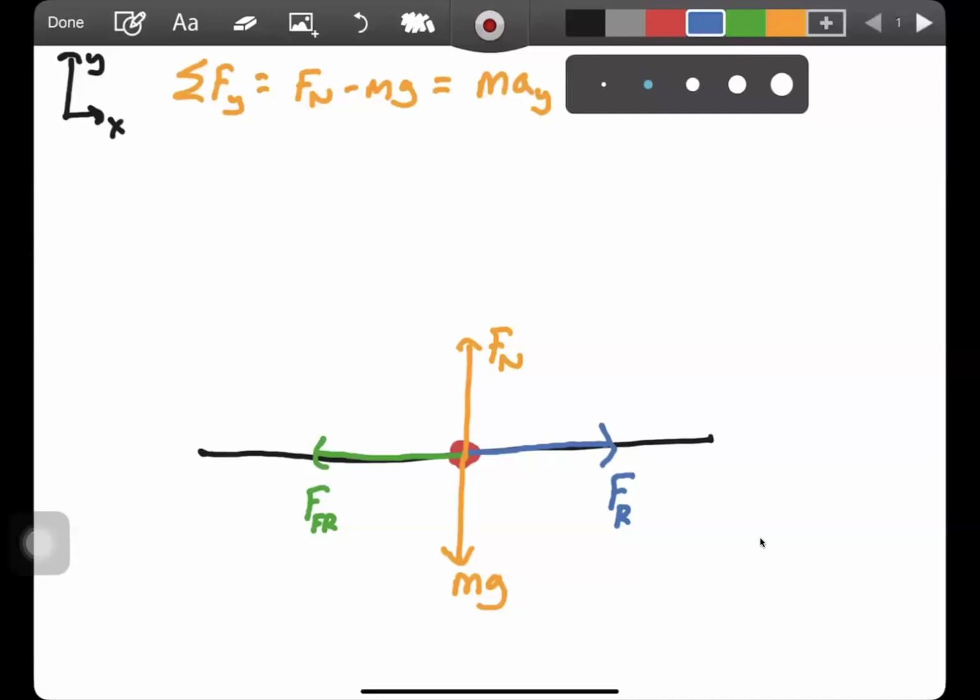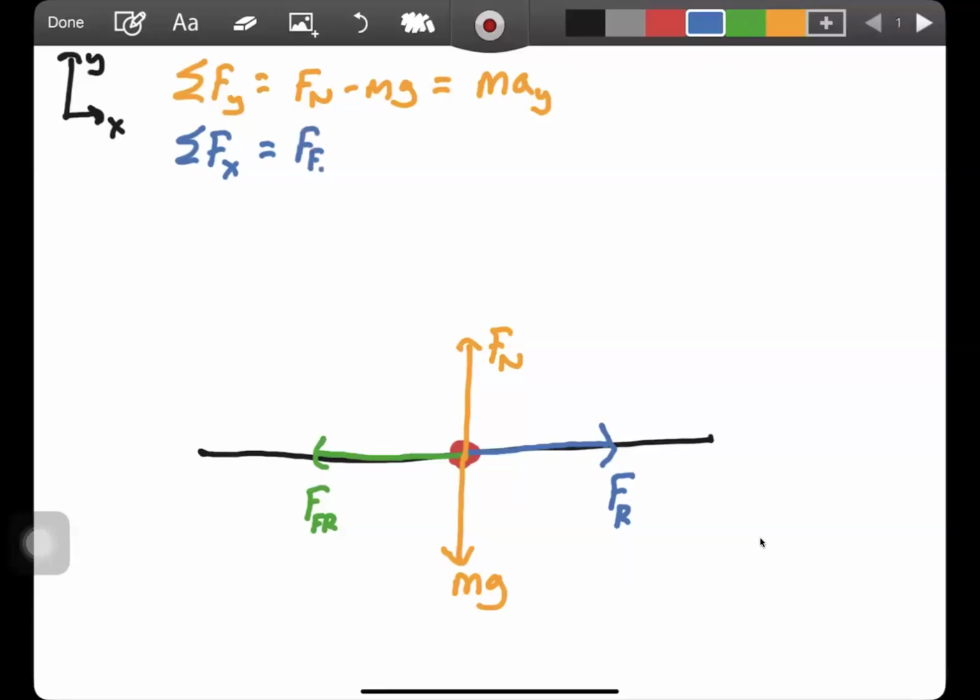So what I'm going to do is sum my forces in the x direction, and that's going to be equal to, if we go for the convention that to the right is positive and to the left is negative, then I want my force of the rope to be positive, and I want the friction force to be negative because we're going to call left negative.